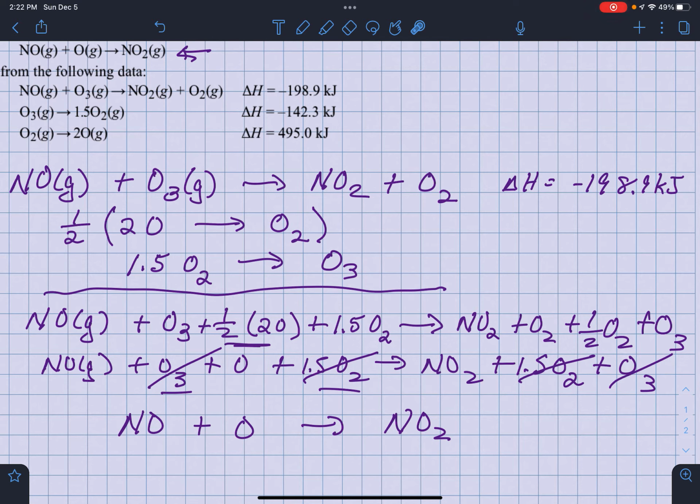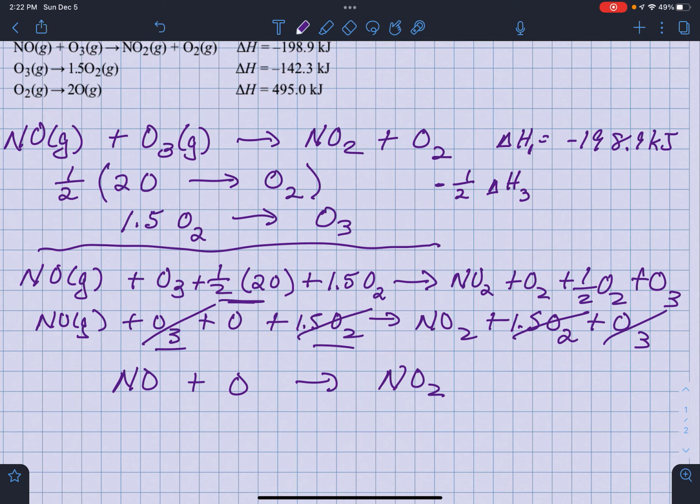for reaction 3, and because we reversed it, we're going to change the sign, and so that means it's going to be negative 495 kilojoules divided by 2. Again, we multiplied it by 1/2 and we changed the sign from positive to negative.